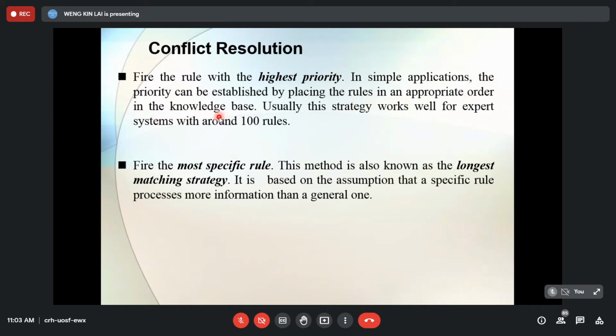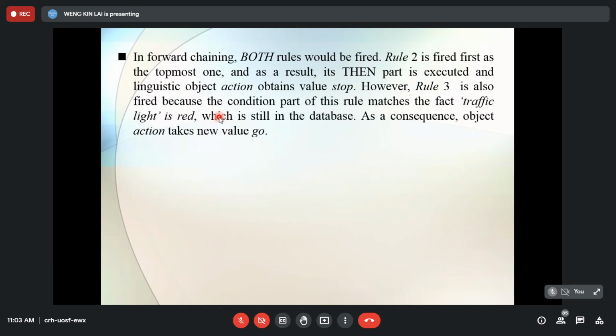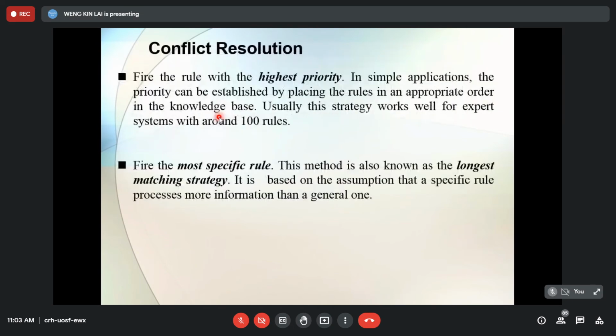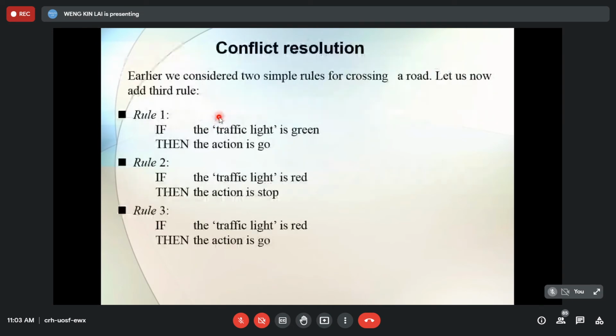So in this case, if I believe that rule number 2 has a higher priority, I will put it higher in my list.